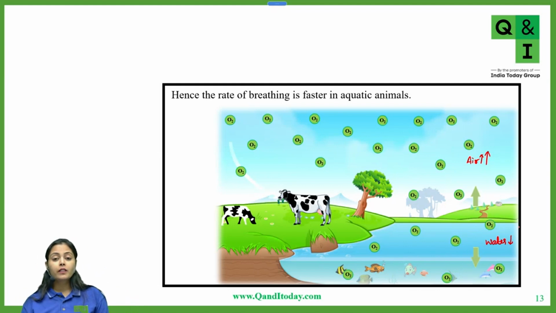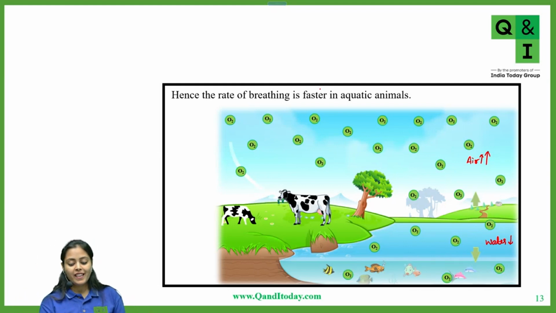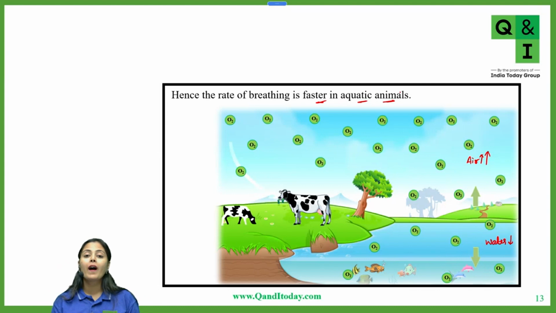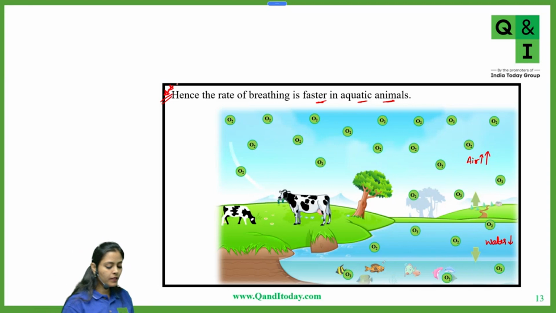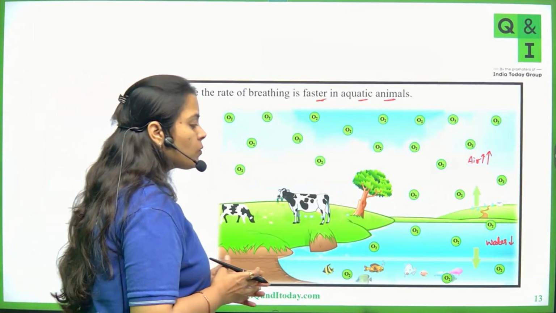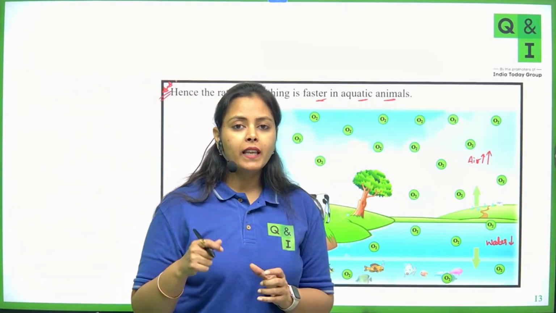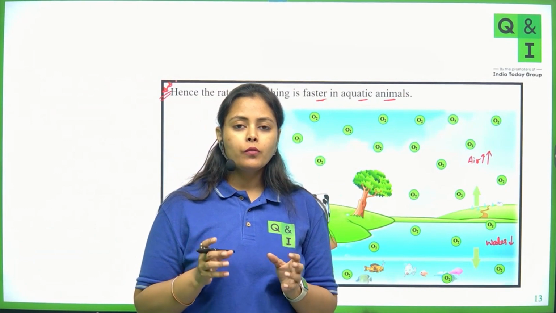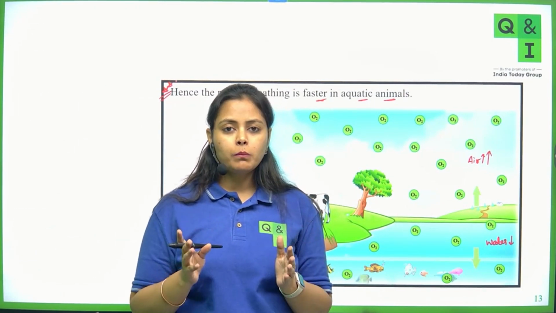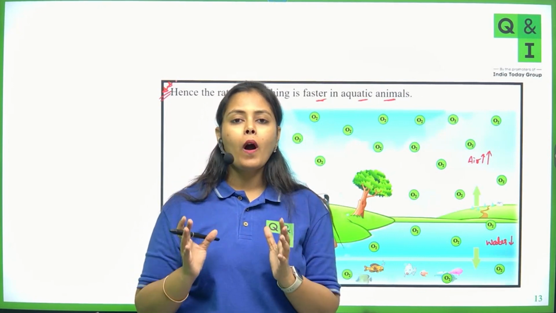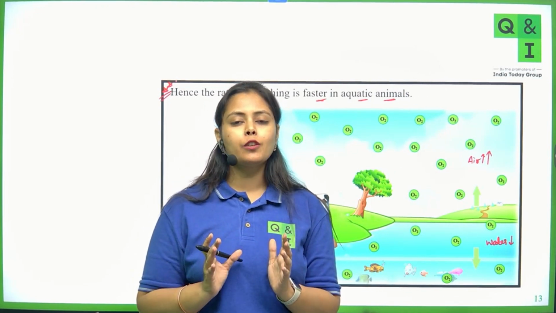That's why the rate of breathing is faster in aquatic animals. Very, very important. If this question is asked to you, why is the rate of breathing faster in aquatic animals? Let's understand this. Suppose you are taking food. There are two persons. One person in one meal can eat the required amount of food and obtain energy from it.